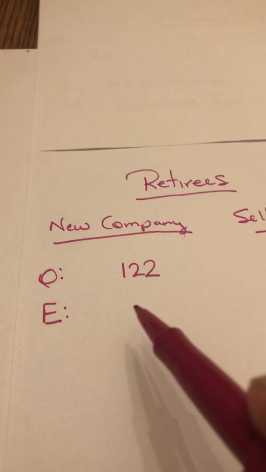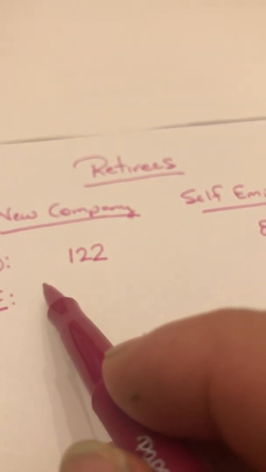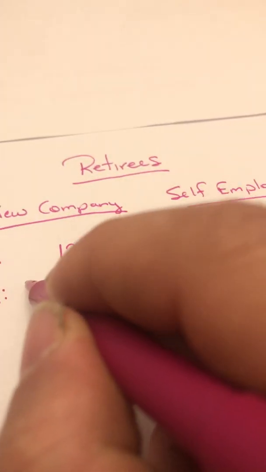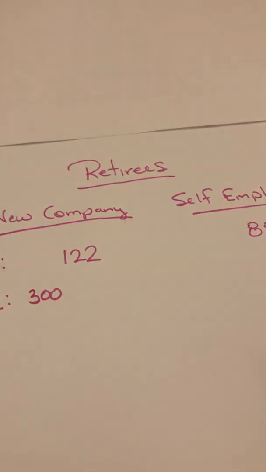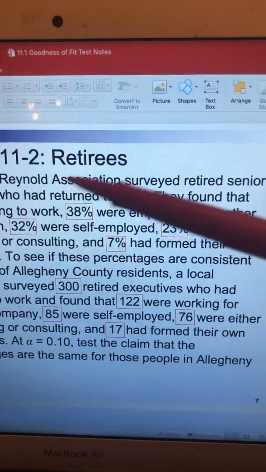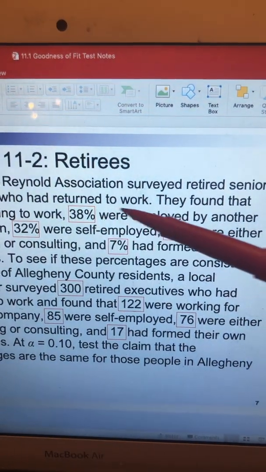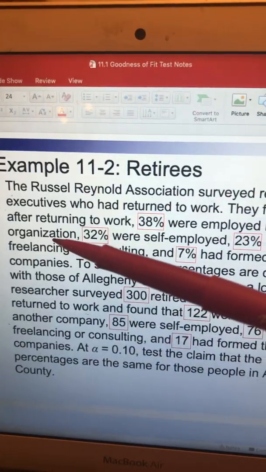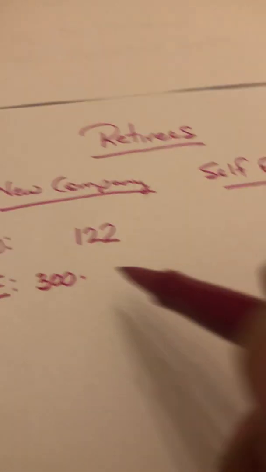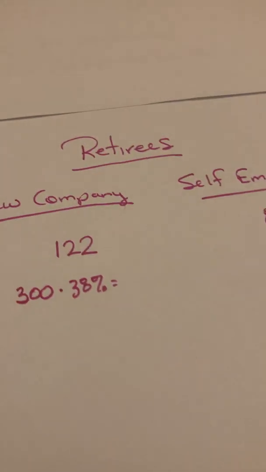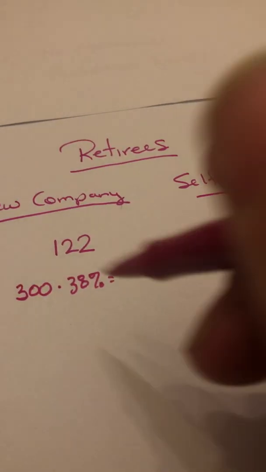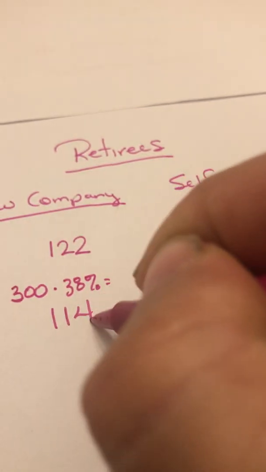So what's my expectation here for somebody working for a new company? Well, my expectation is that of the 300 people that I surveyed, 38% of them should be employed by another company or another organization at this point. So 38% of my 300 people leads me to a value of 114.